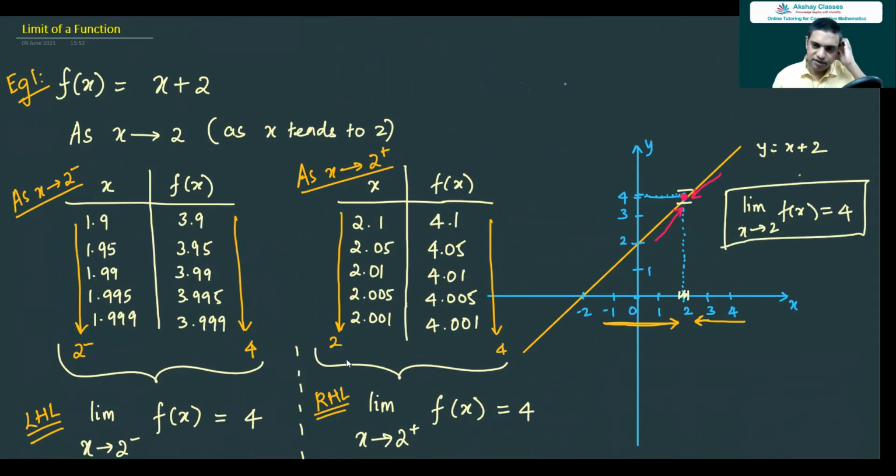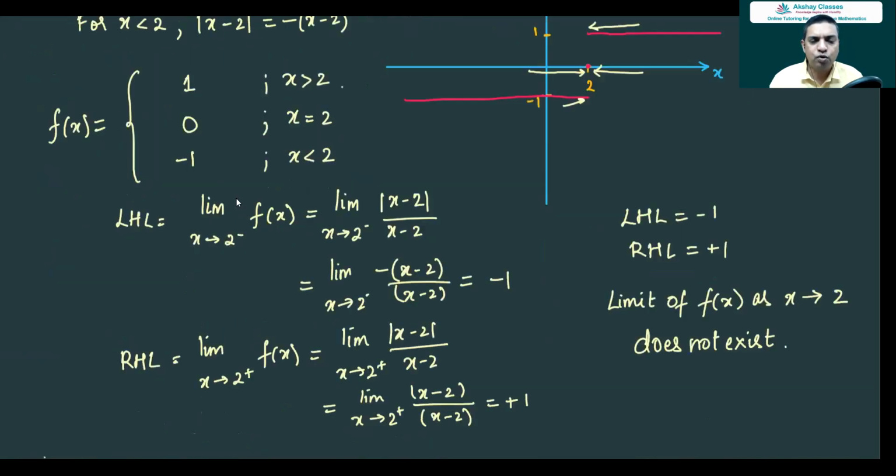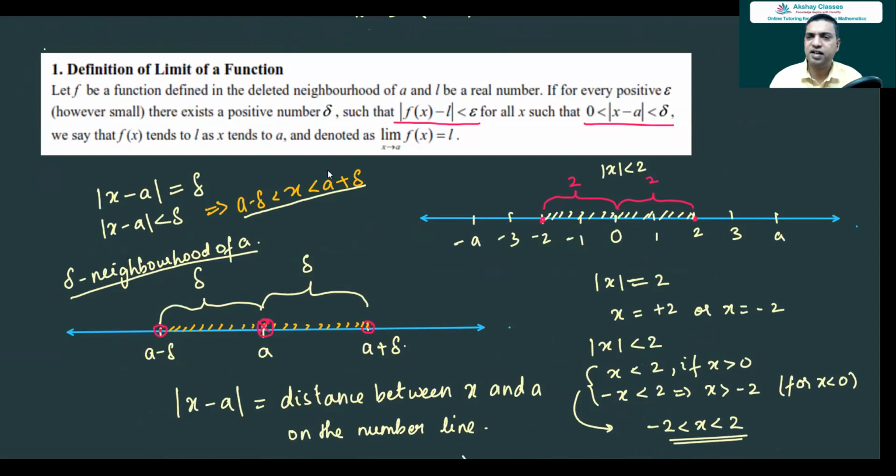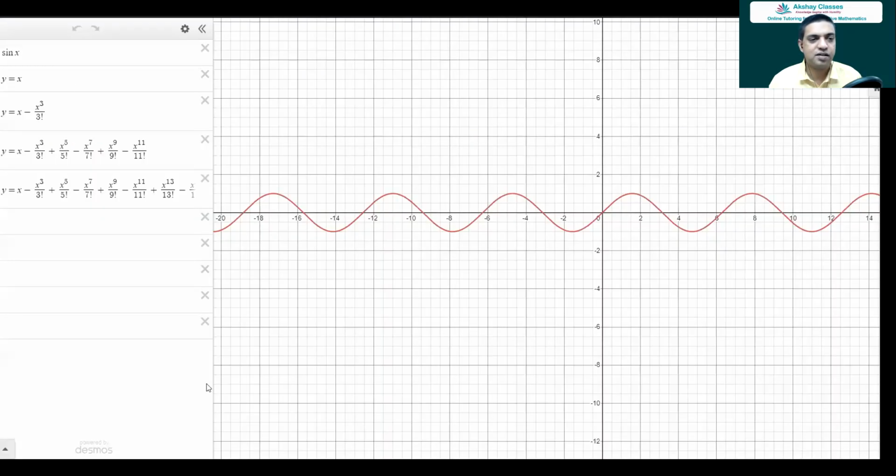But why such a complicated definition then? The way we understood limits was much easier. This definition makes it very confusing. True, it will make it confusing, but it has to accommodate all types of problems.